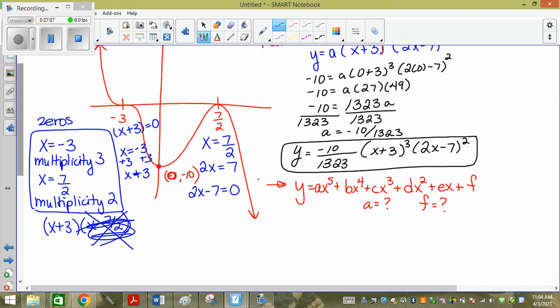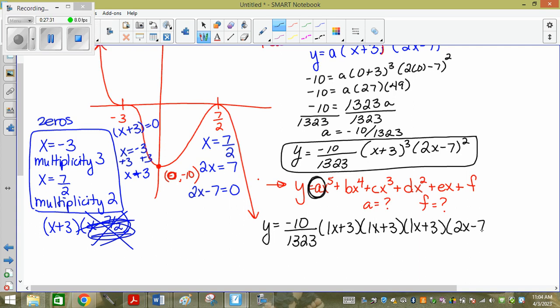All right. Now, my a in this case is not going to be negative 10 over 323, because I'm going to get negative 10 over 1,323, and then I'm going to get (1x plus 3) times (1x plus 3) times (1x plus 3) times (2x minus 7) times (2x minus 7).